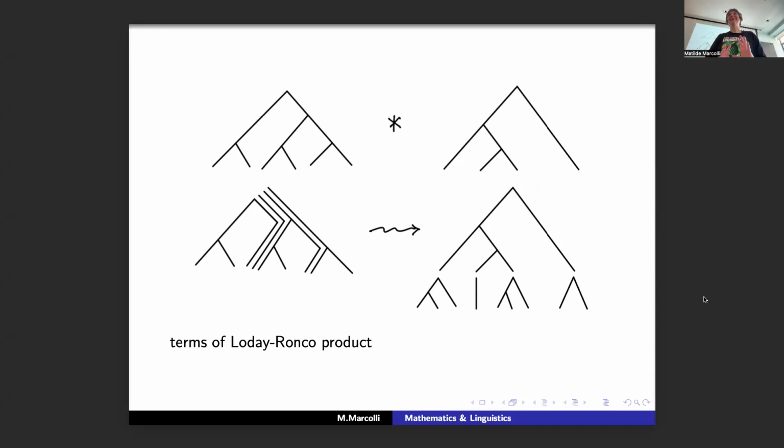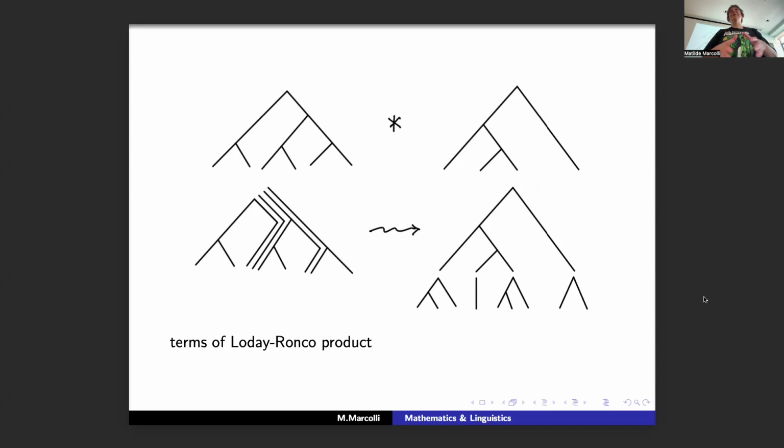What I'm trying to argue here is that if you try to build the same kind of structure, because you only want trees and you want them to be planar, you are forced into having your Hopf algebra structure be more complicated.